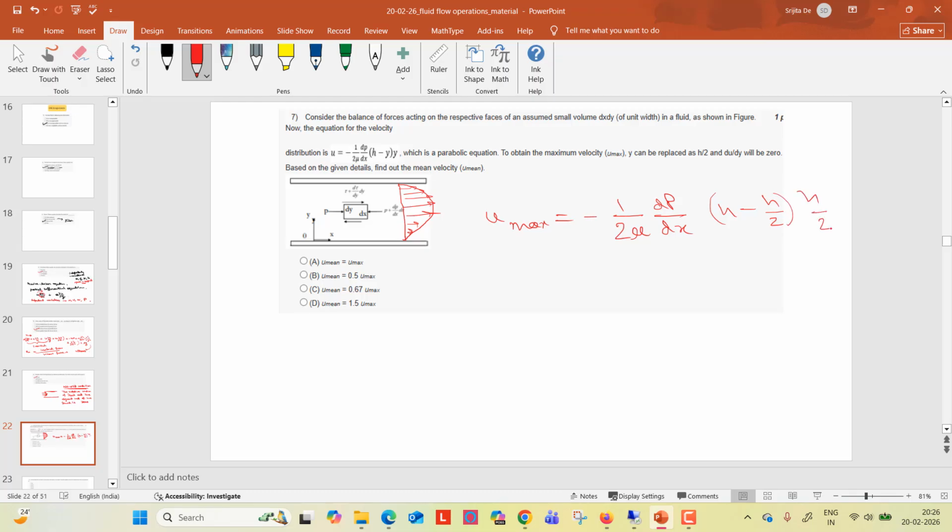So this will be h square. h by 2 into h by 2 is h square by 4, so this is coming as minus h square by 8 mu dp/dx, right?